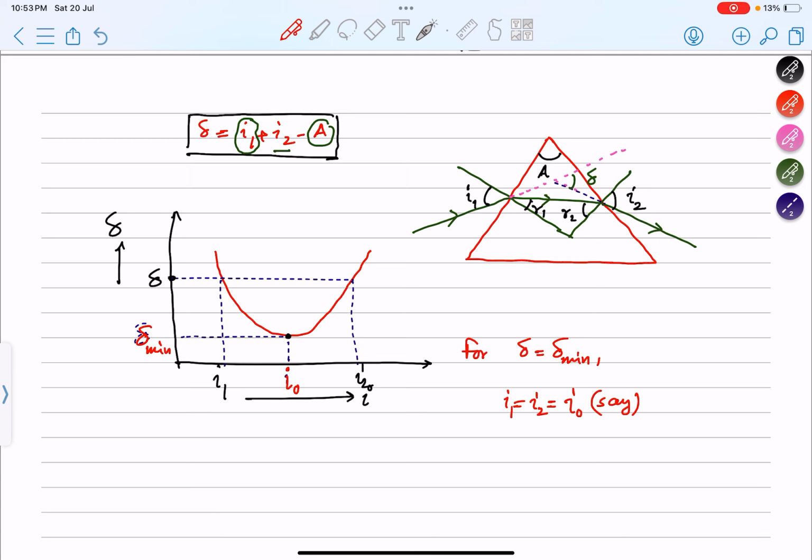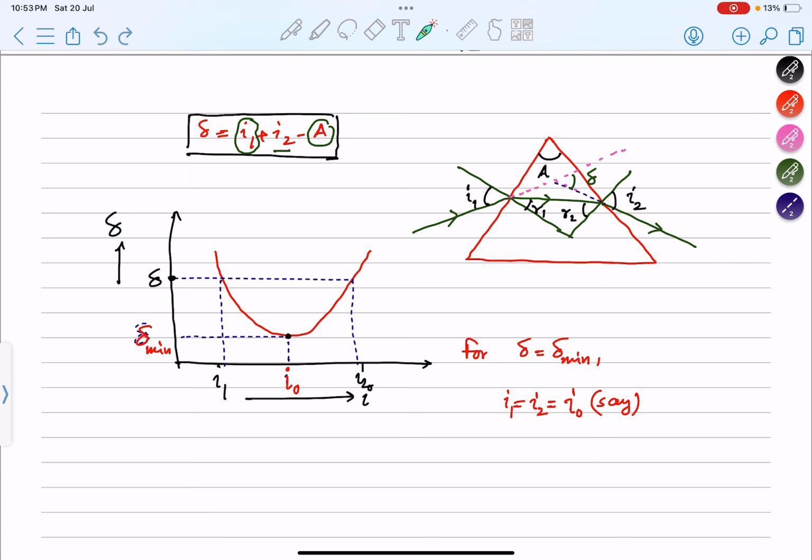Thus at this position, the incident ray and the emergent ray are symmetrical with respect to the refracting faces. As you can see, this I1 and I2 will be the same. That means this ray is making the same angle with this refracting surface, and this emergent ray is making the same angle with this refracting surface.